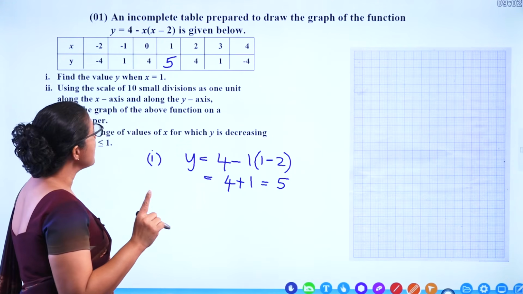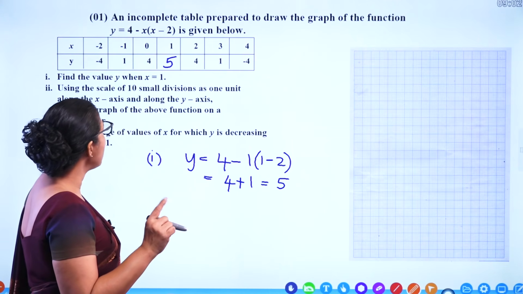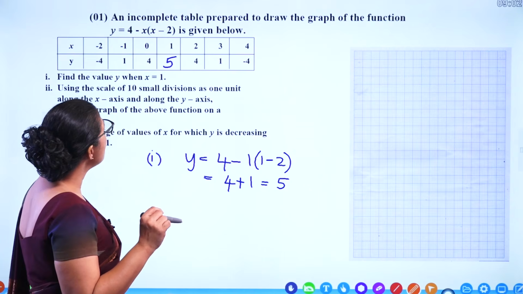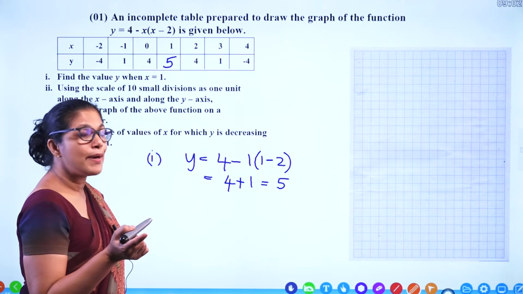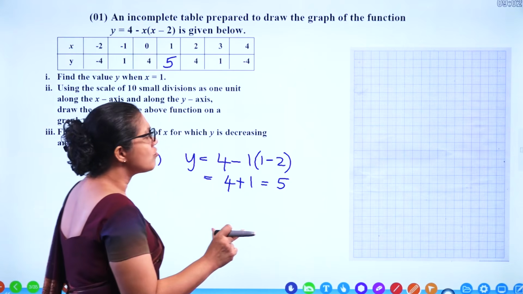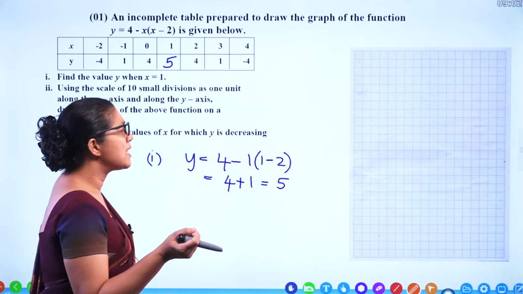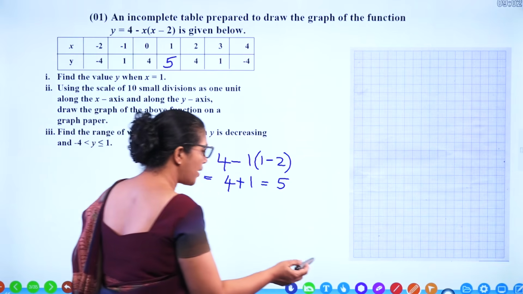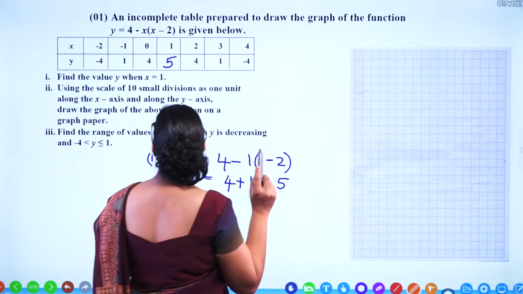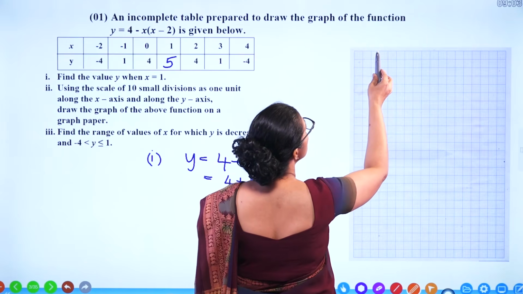Using the scale of 10 small divisions as 1 unit along the x-axis and along the y-axis, draw the graph of the above function on a graph paper. So we need to draw the graph. So 10 squares is 1 unit. That means one small square is 1 over 10, that means 0.1. So we'll first decide the y-axis, starting from minus 2, minus 1, 0.